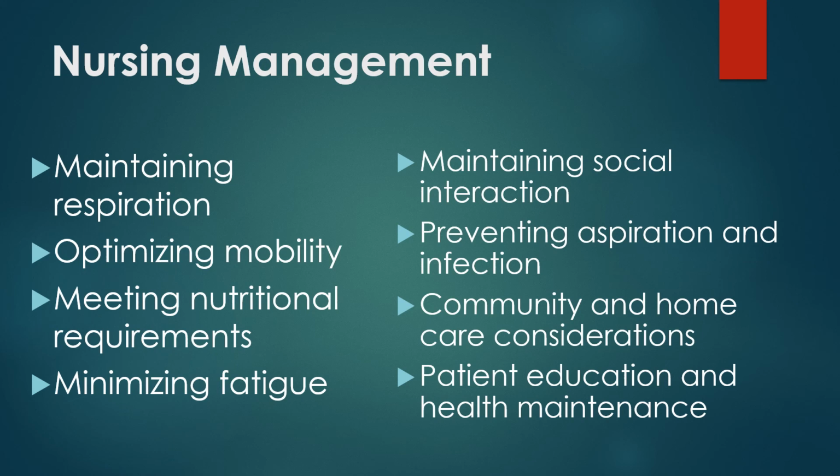Remember, we always want to promote independence for our patients. Their diet must be high in calories and served in small, frequent feedings. But certainly allow your patient to be part of the food selections. Consider food textures to minimize aspiration risk.